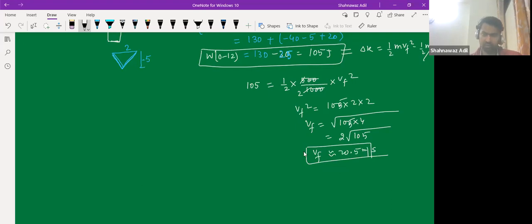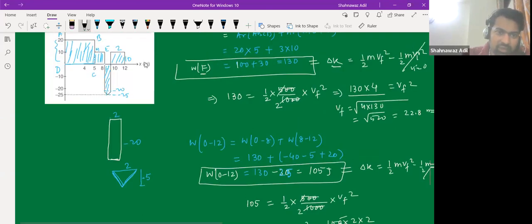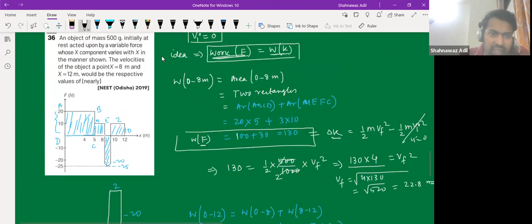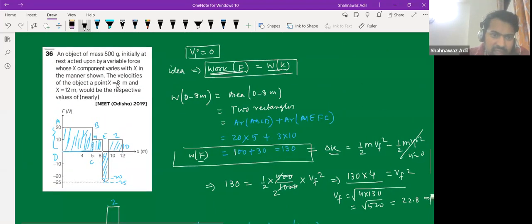Sir, what is V final? V final is the velocity at this point. Velocity at 12 meters. Yes, so we have calculated the velocity at 8 meters and we have calculated the velocity at 12 meters. So this is what we are finding, right?